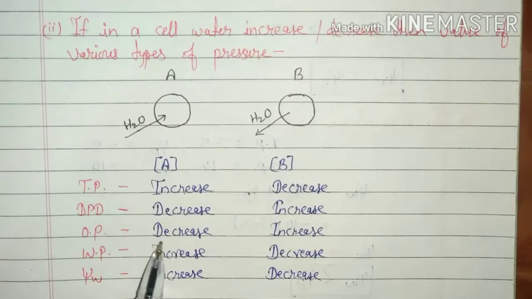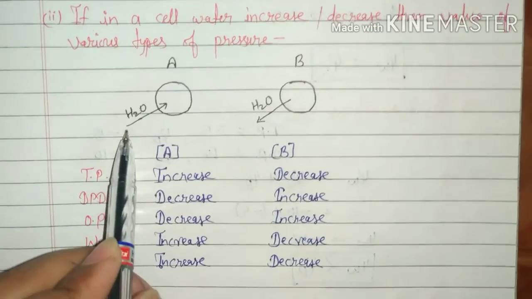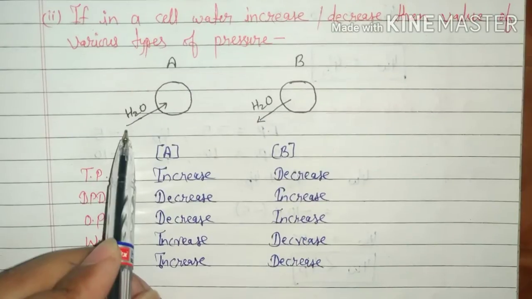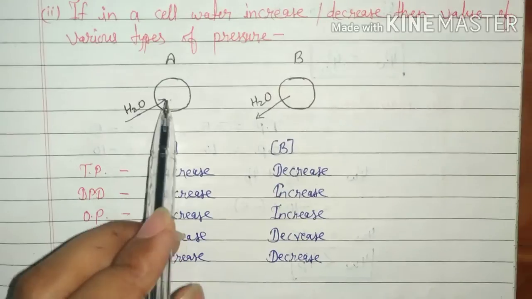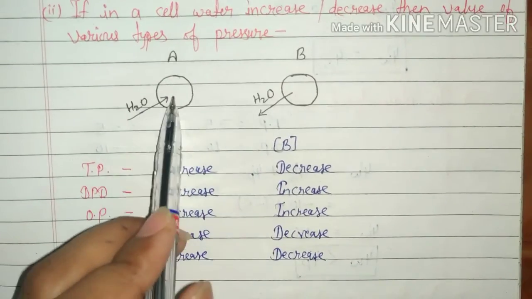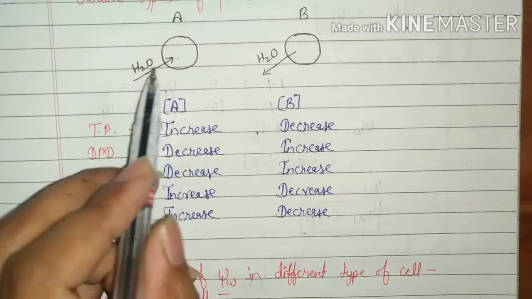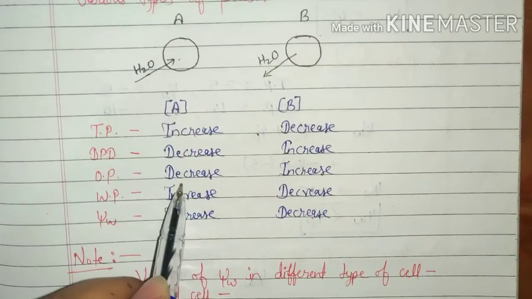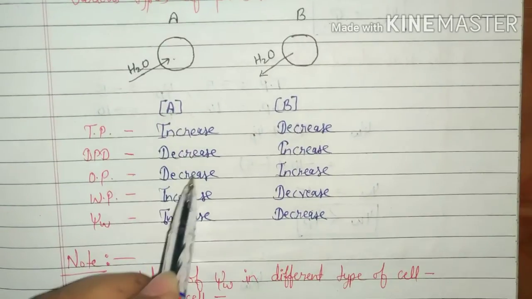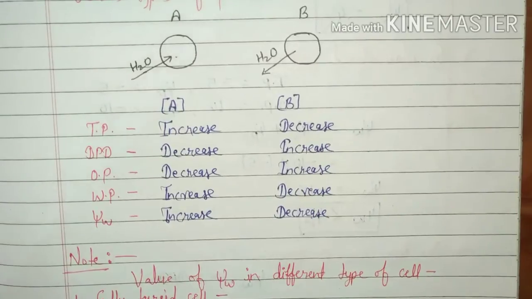Osmotic pressure in cell A decreased because water moved from low osmotic pressure to high osmotic pressure. In this, water moved inside the cell, so osmotic pressure becomes low. So OP in cell A decreases, and in cell B osmotic pressure is increased.